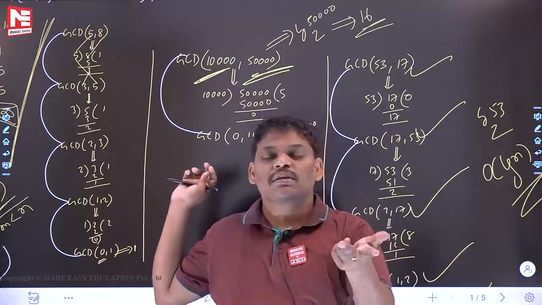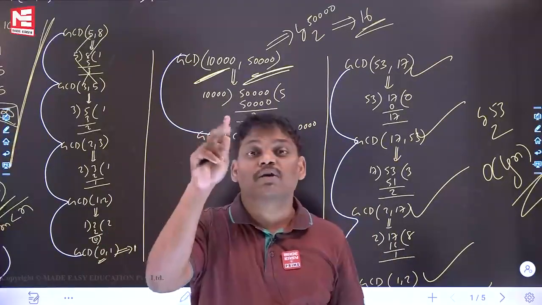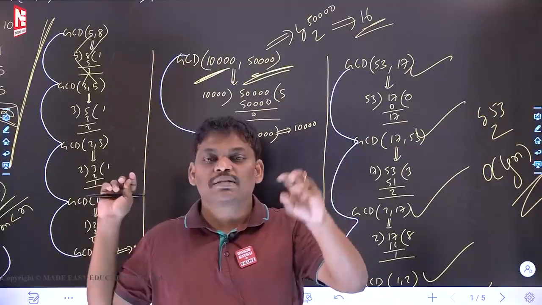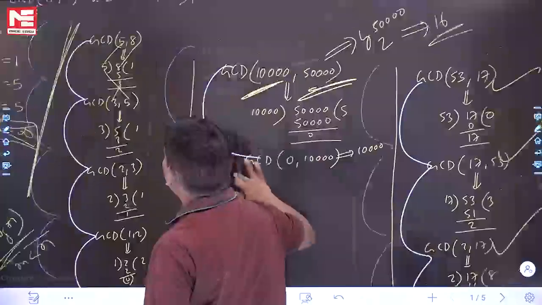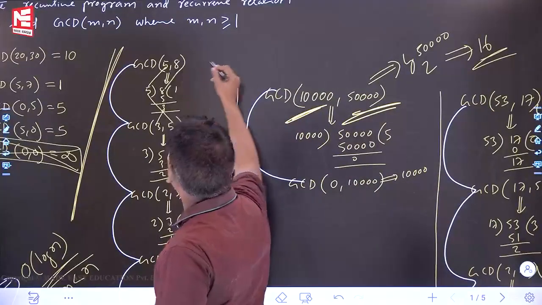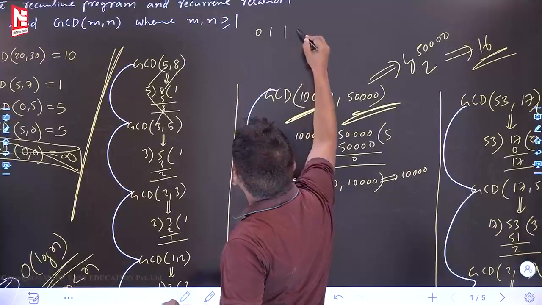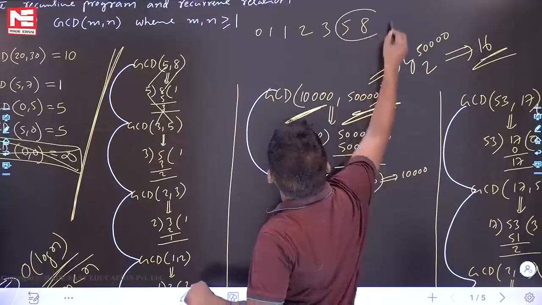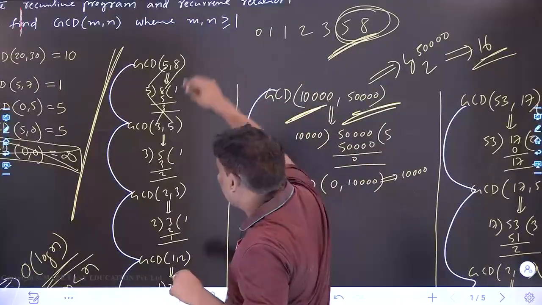If the two numbers are multiples of each other, GCD will take less time. Let's see this example. 5 and 8 are very small, but what is the Fibonacci series? 0, 1, 1, 2, 3, 5, 8. Two consecutive Fibonacci numbers are given, so GCD will take more time.